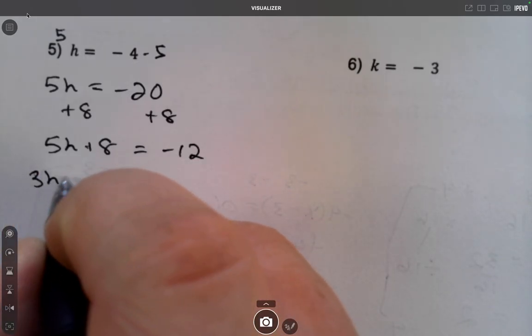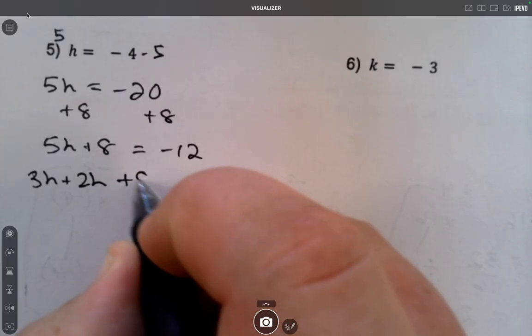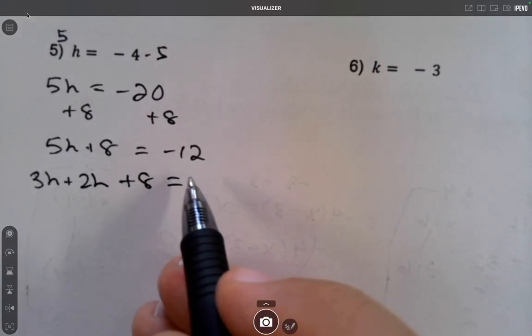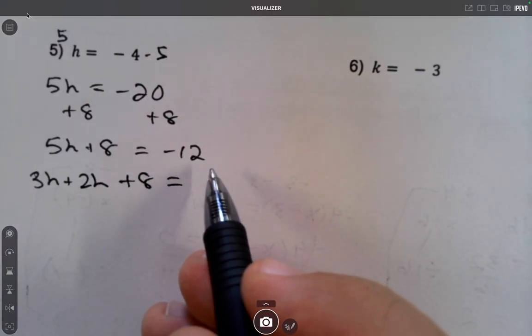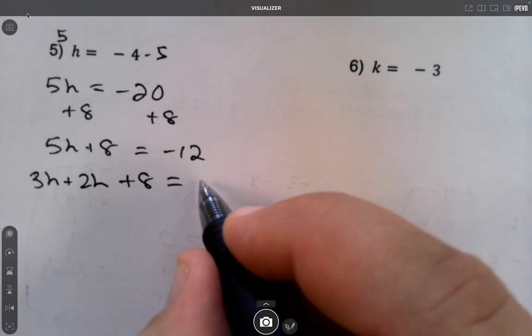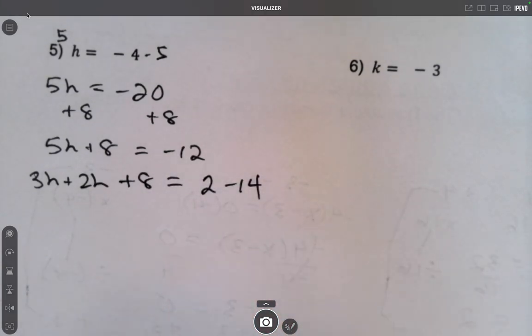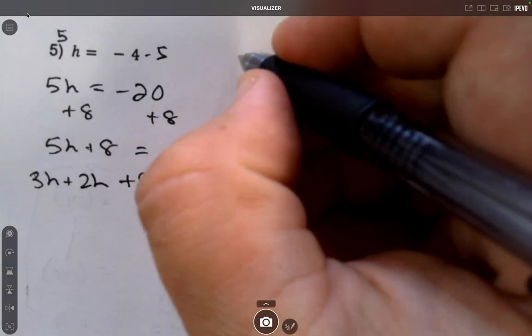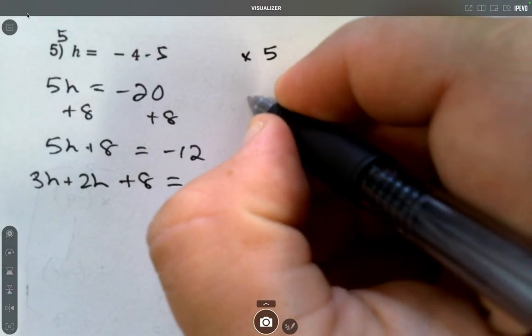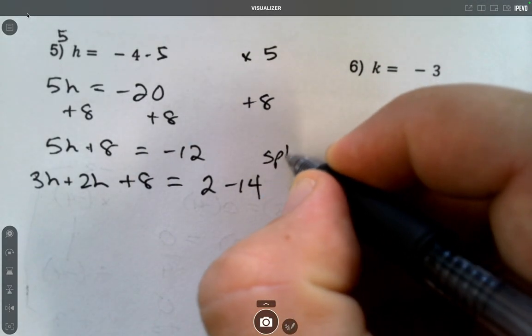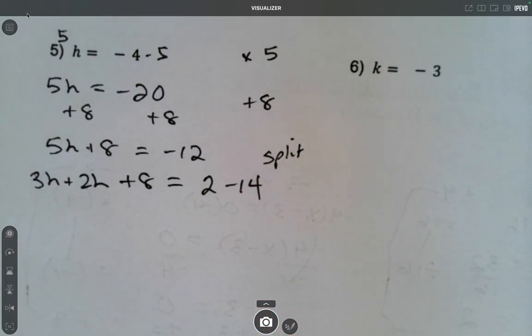Make it 3h plus 2h. Why just have one constant on this side when I could have 2? -12 could also be written as 2 minus 14. Ha! So I have multiplied by 5, added 8, and then split things up. That will do it.